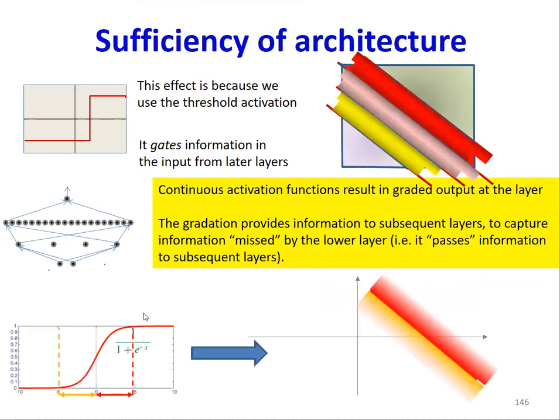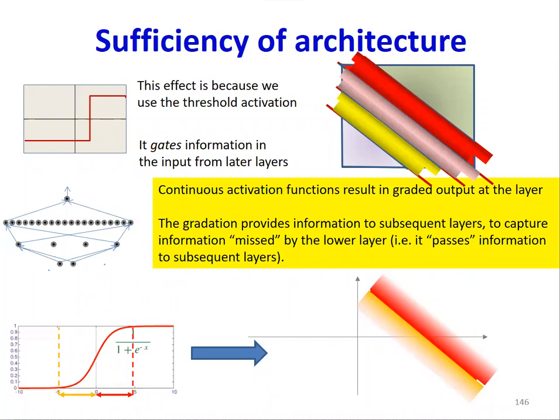Now, suppose I replace this with a sigmoid. Now, the sigmoid is nice. If I use a continuous valued activation as opposed to a discontinuous activation, then it not only tells you on which side of the boundary you lie, the activation function, which I've tried to illustrate over here by using two different colors on the two sides of the boundary, tells you how far away you are from the boundary.